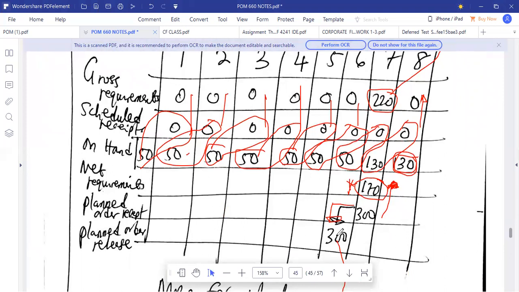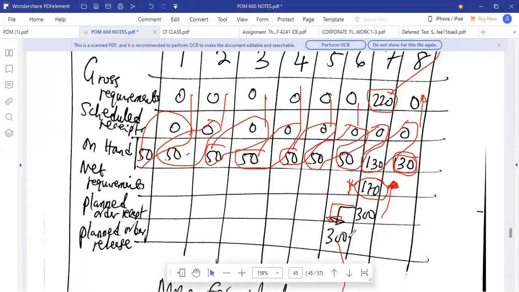If it was a 2 weeks lead time, this 300 would have been in week 5. So this is how you go about the lead time: the time between placing an order and receiving an order. That's the reason why we have a 300 here.